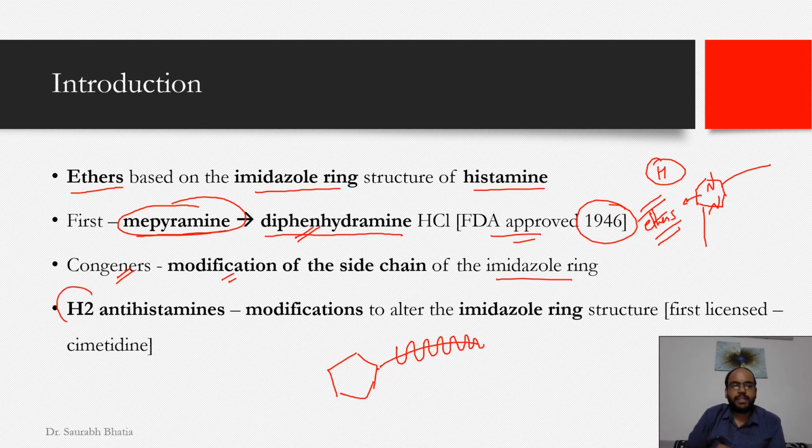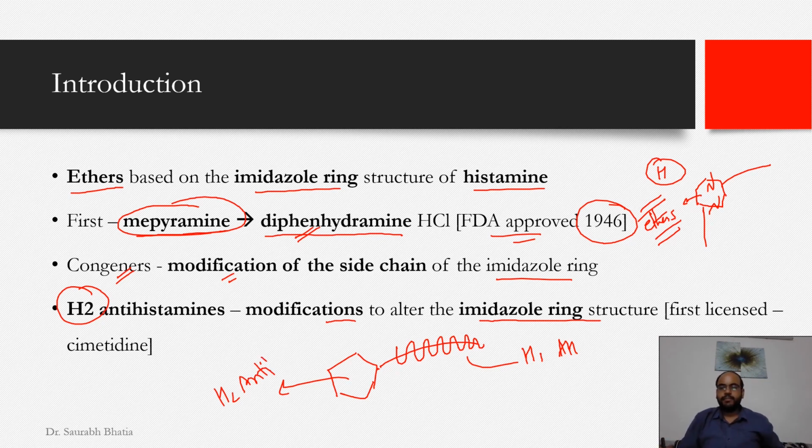Now, H2 antihistamines, or the antihistamines which act on the H2 receptors, were made by modifications to alter the imidazole ring. Okay, so this is the imidazole ring. If you modify the side chain, you will get the H1 antihistamine. If you modify the imidazole ring, you will get H2 antihistamine. We'll discuss in a subsequent slide that there are 4 types of histamine receptors: 1, 2, 3, 4.